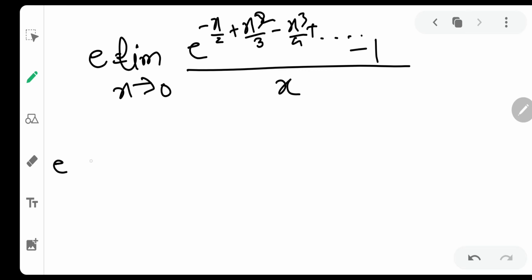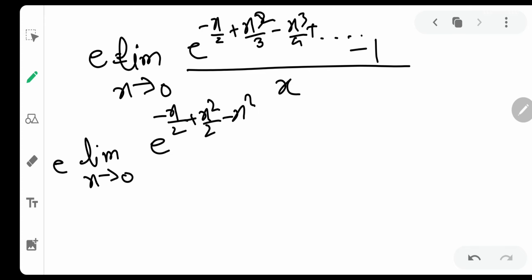Now the latter part, limit x tends to 0, e raised to minus x upon 2, x square upon 3, minus x cube upon 4, minus 1.